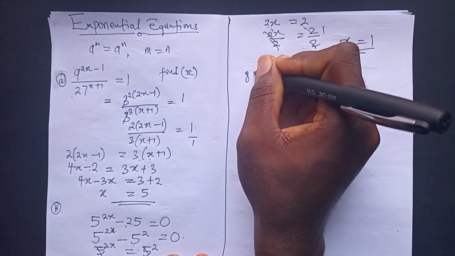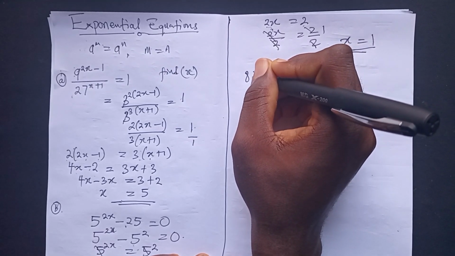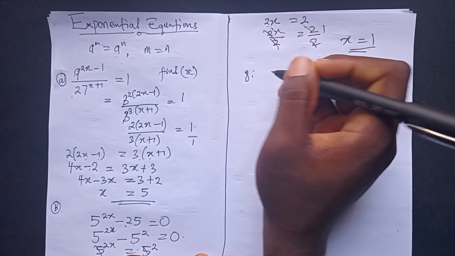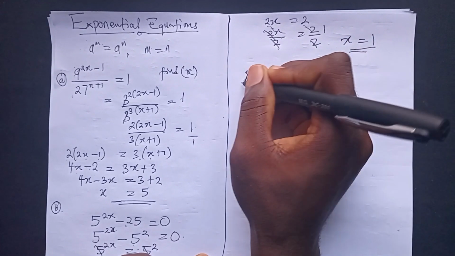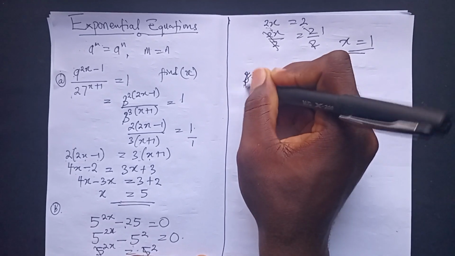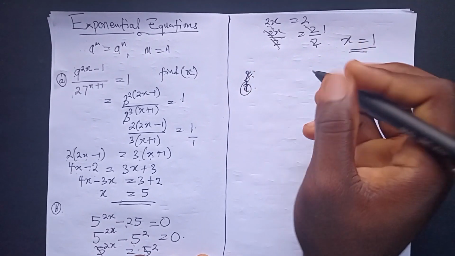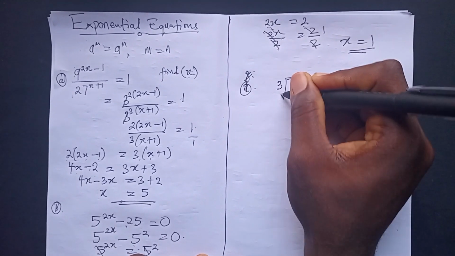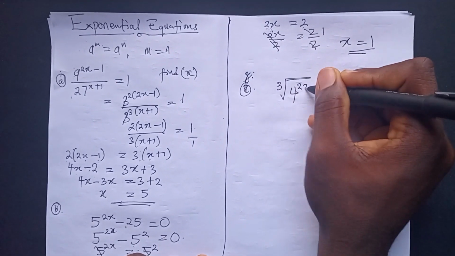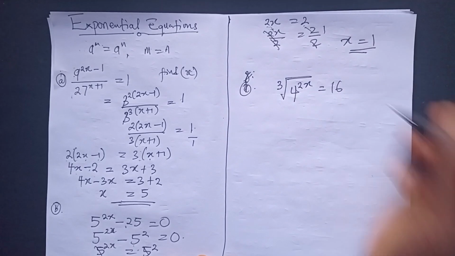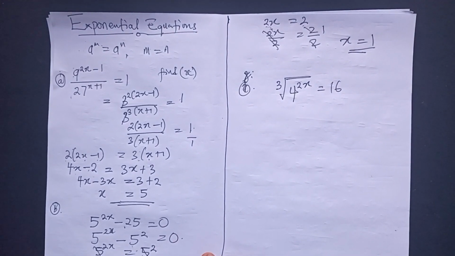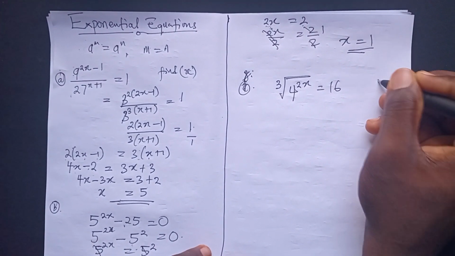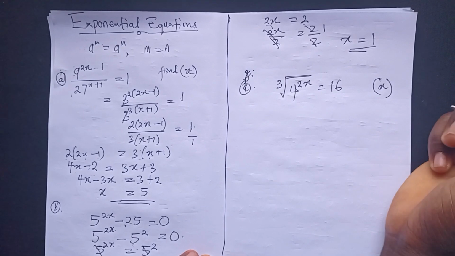So let's attempt another one, C. It says that the cube root of 4 raised to 2x is equal to 16. Find the value of x. We are asked to find x.